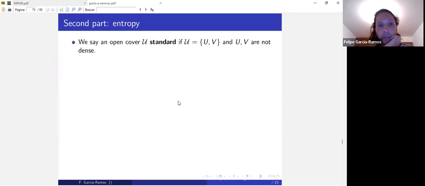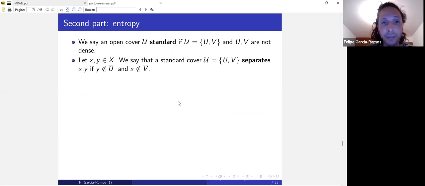We say an open cover is standard if U and V are not dense. I don't want dense sets, I only want non-dense sets.